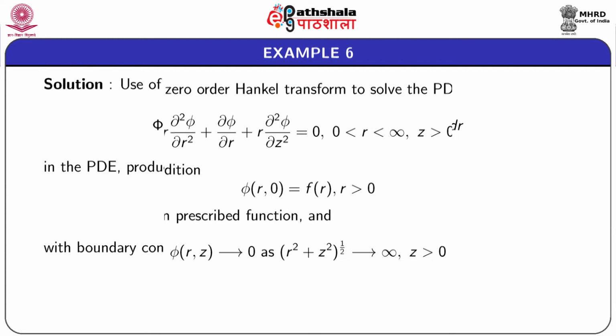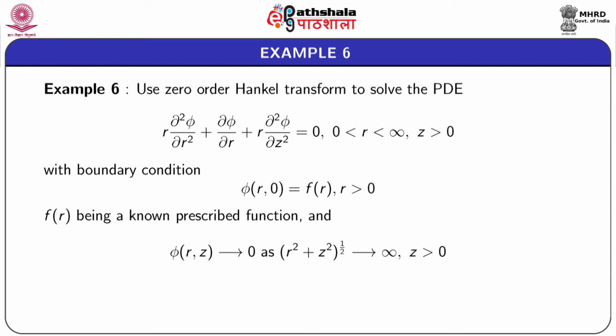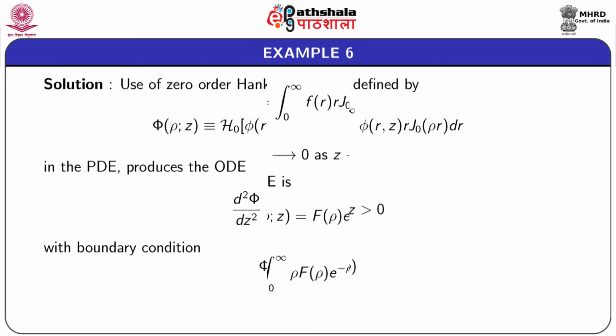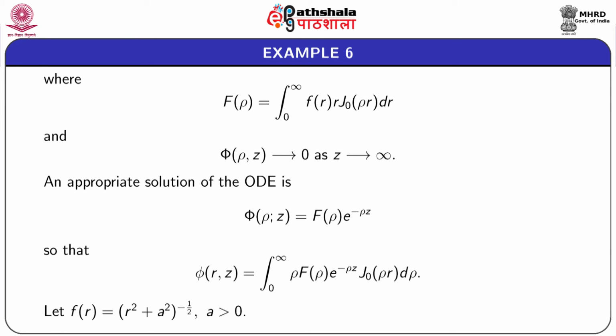And also we multiply this boundary condition on both sides by r J naught rho r and integrate with respect to r from 0 to infinity to see that it gives capital phi at z equal to 0 is capital F of rho, where capital F of rho is the Hankel transform of order 0 of the function small f of r. And also we see that capital phi of rho, z tends to 0 as z tends to infinity.